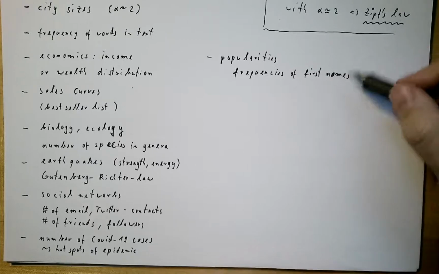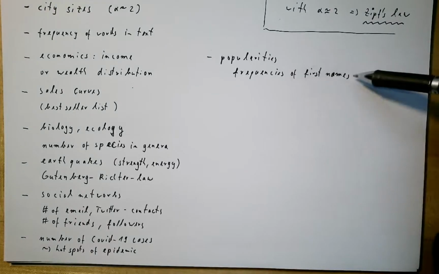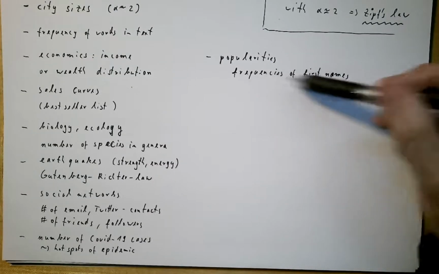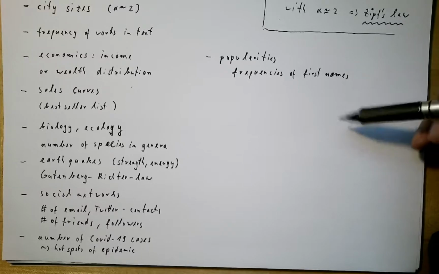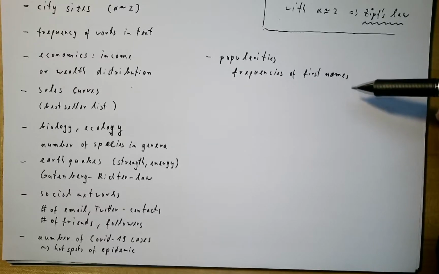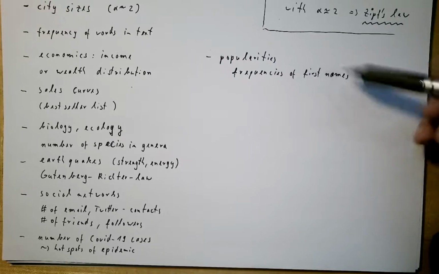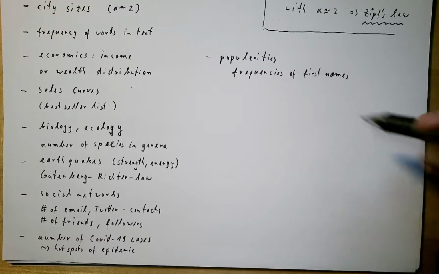This goes like fashions. Some names are given very often to children and others not so much. So the popularity of these names follows a power law distribution. Of course, this changes because fashion is always changing, and after some years the names which are fashionable change, but always you have a power law distribution.